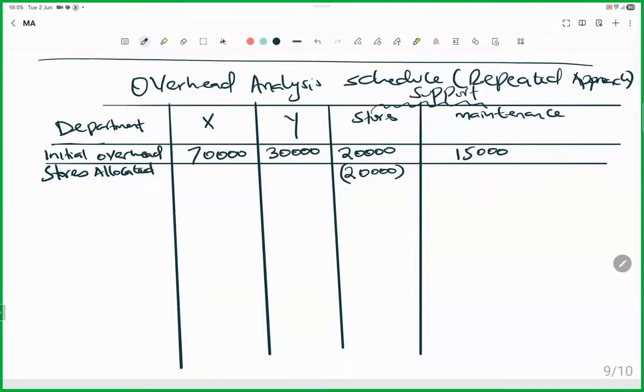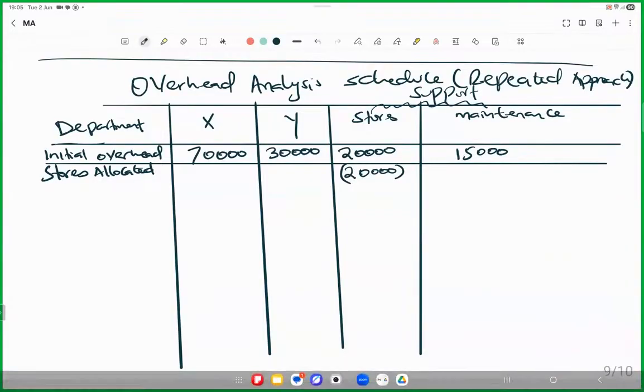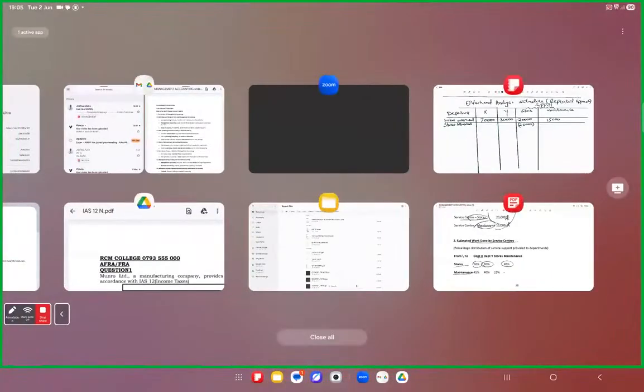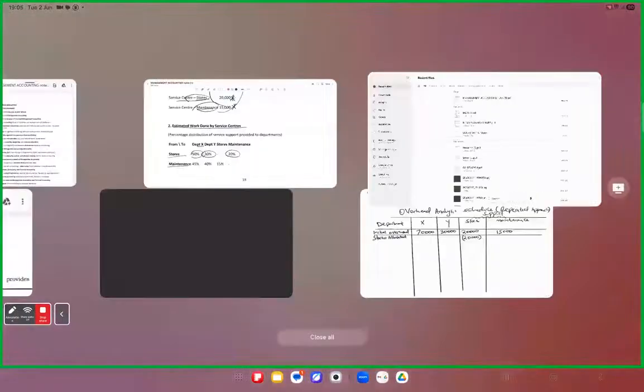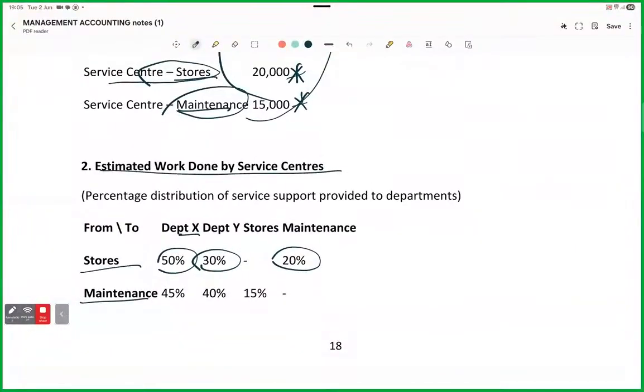Do you know the criteria for apportioning these 20,000? They have given us the percentages. We are given the work done by stores to the various departments: 50% to X, 30% to Y, and 20% to maintenance.